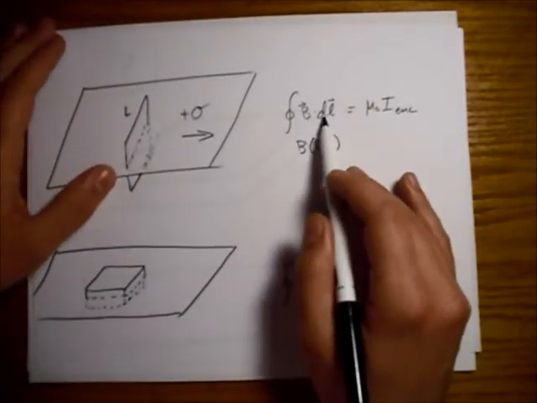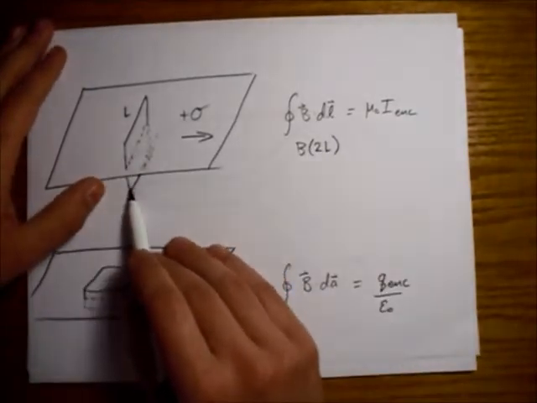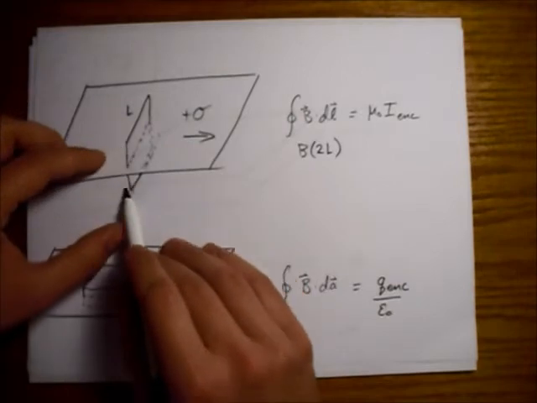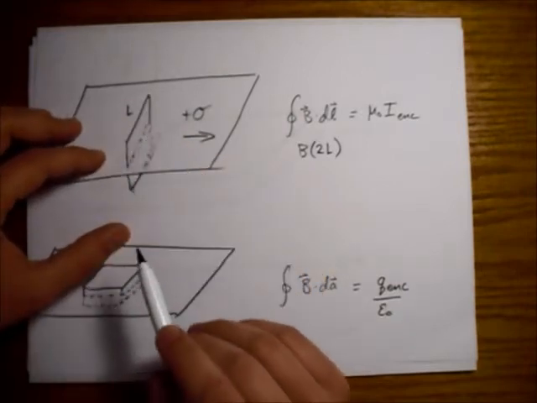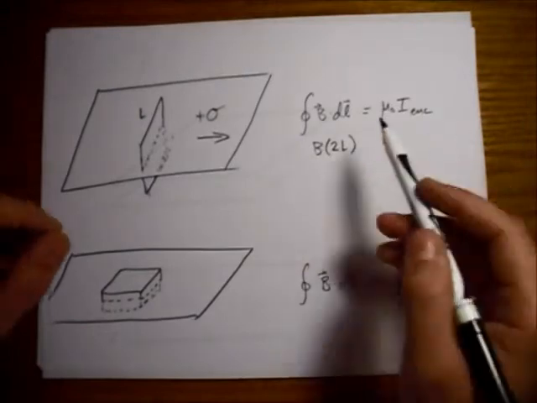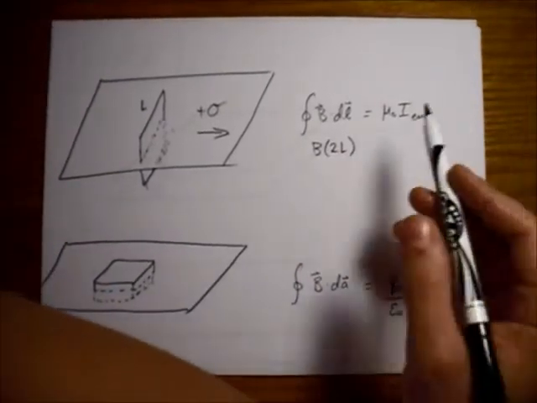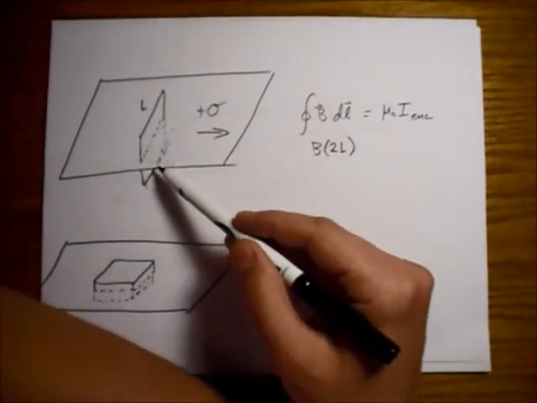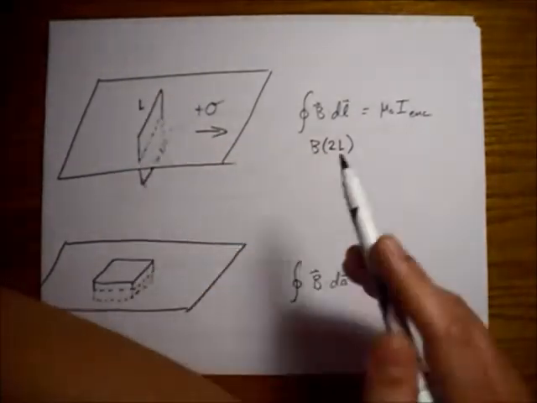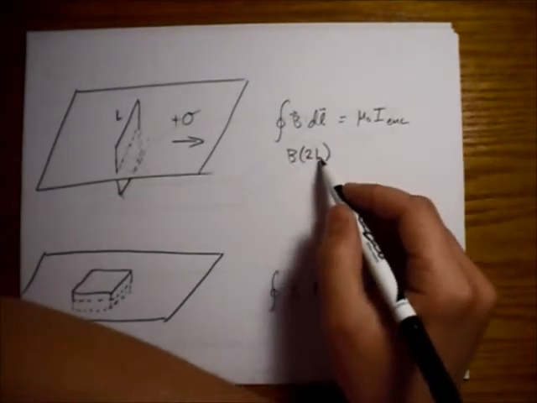The dot product between B and dL is going to be 0 for the sides, because B is orthogonal to the direction that we're integrating. So all that counts are the top and the bottom. There's one of each, and we get a B and a 2L.